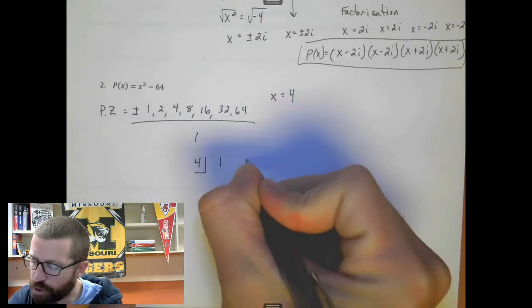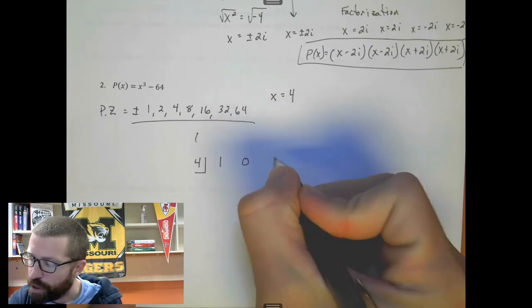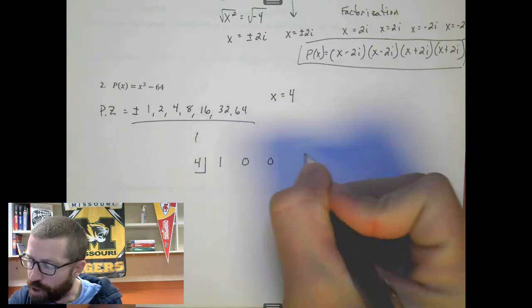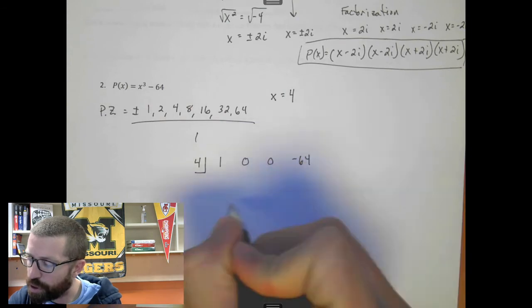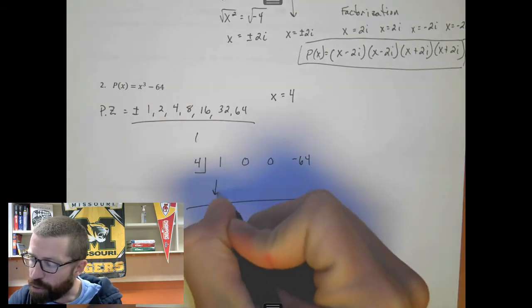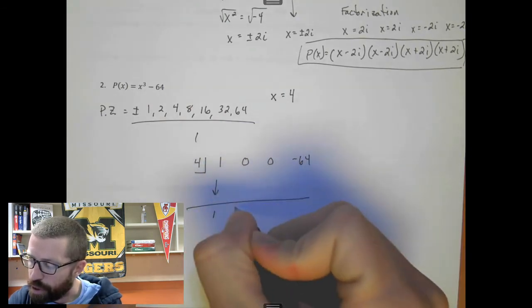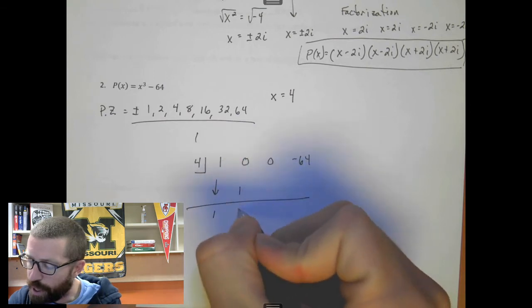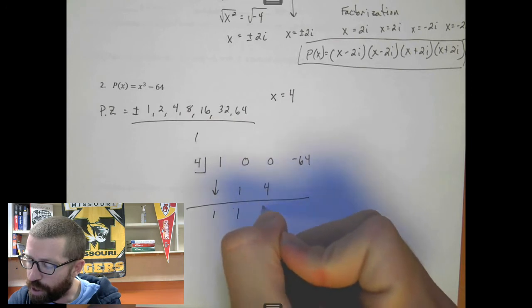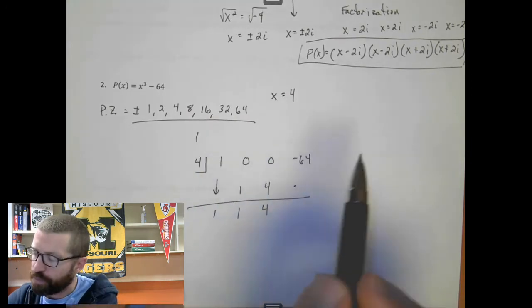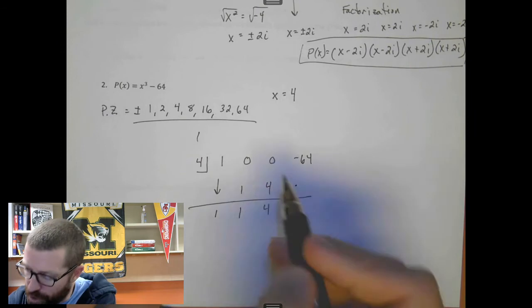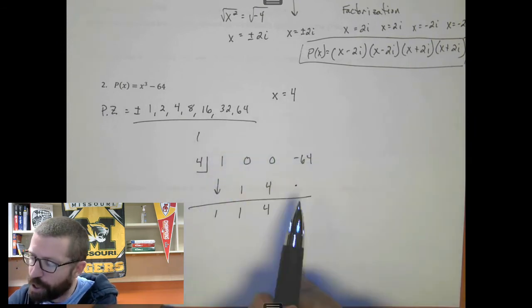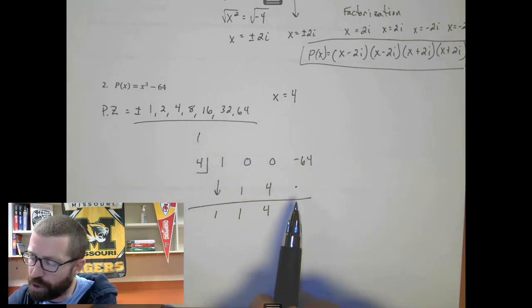So 1x cubed, 0x squared, 0x, and then negative 64. And you bring the 1 down, and then multiply across. Okay, let's go back. So at first I noticed my error because I should get 0 and I don't have 0.